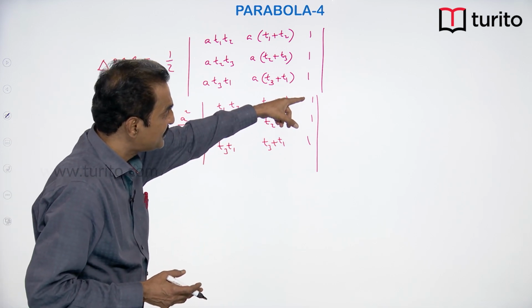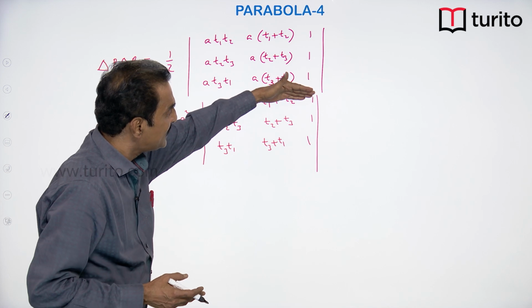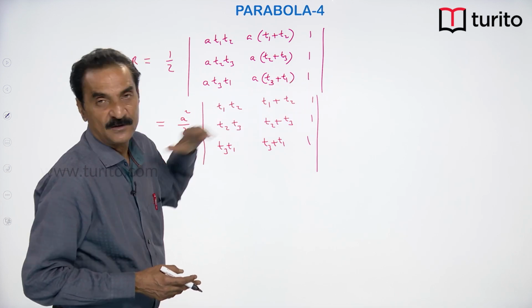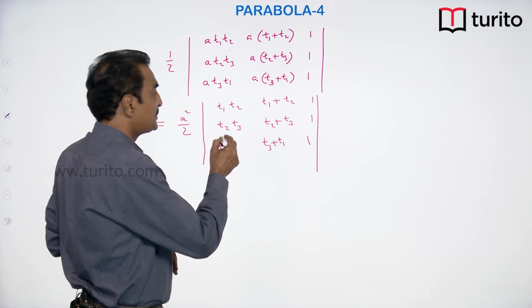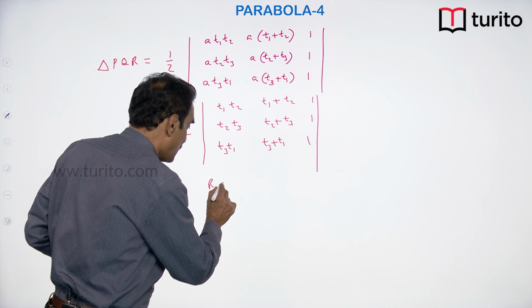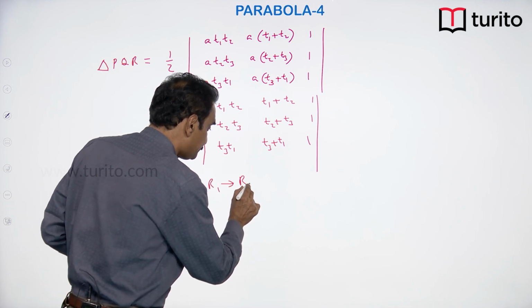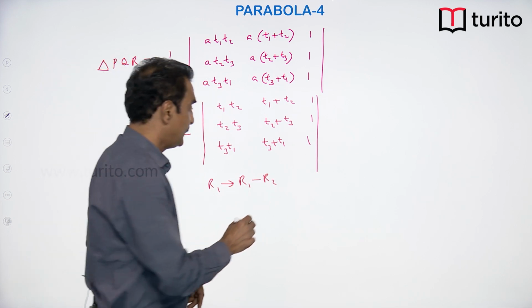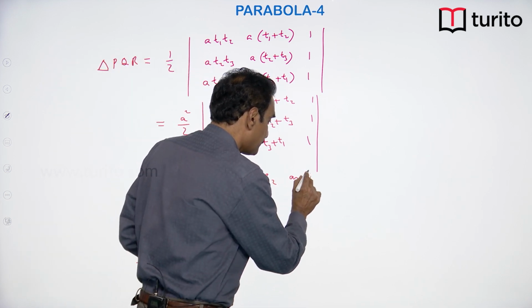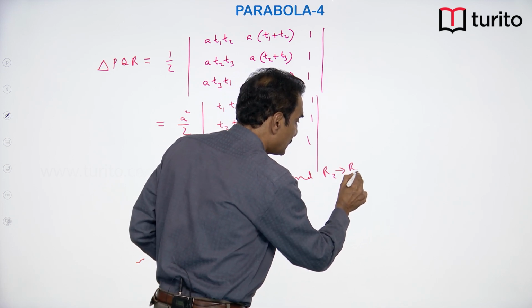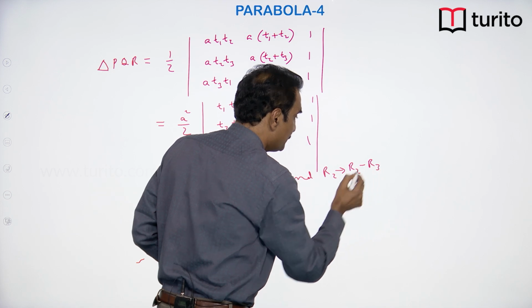Here I am going to get 0 here and here by subtracting R2 from R1 and R3 from R2. So, the operations that I am going to apply are R1 changed to R1 minus R2 and R2 changed to R2 minus R3.